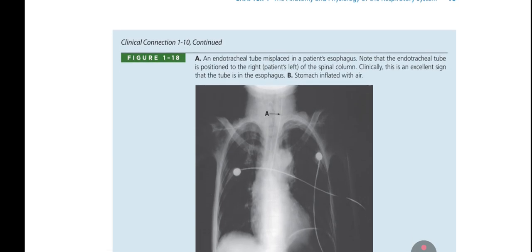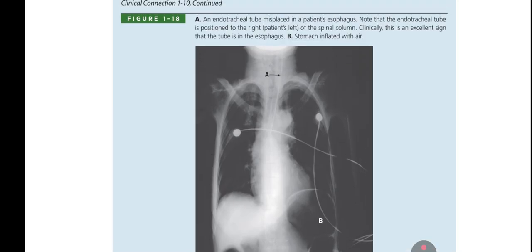See that the air is colored black, right? Remember that when it's black, it's air. And as you can see, the lungs are black because they have oxygen. Where the letter B is, it's also black.